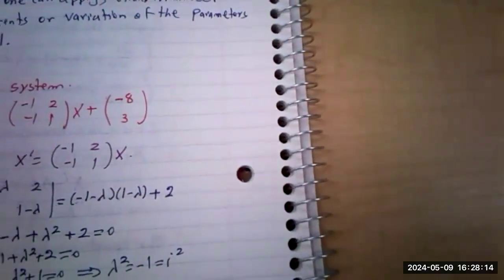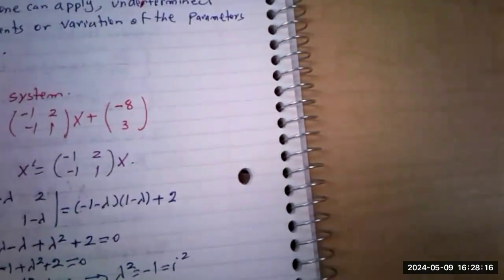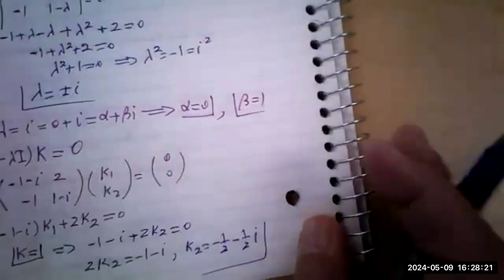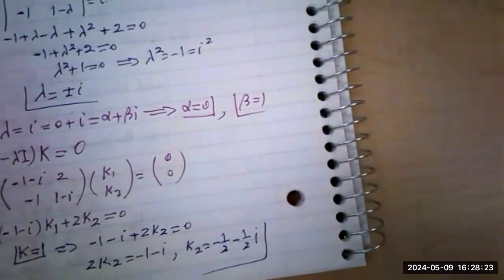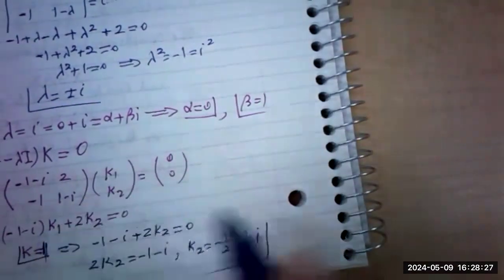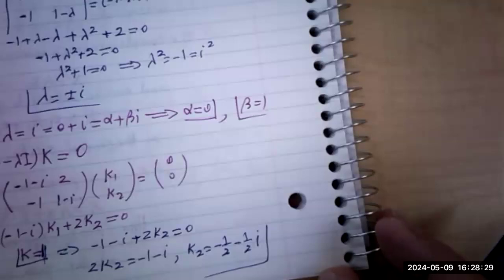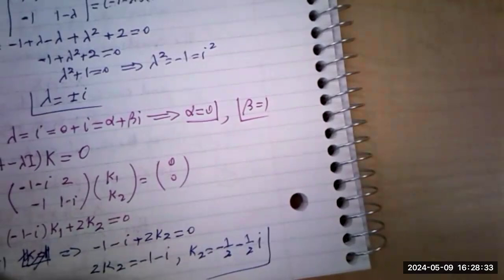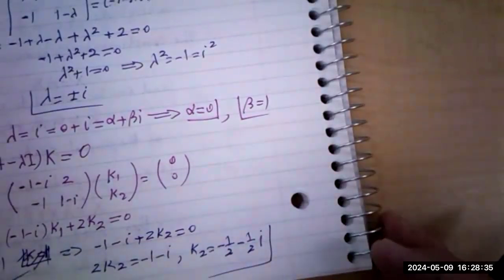The box, lower, at the very bottom corner, under where the K's are. K is equal to 1. Is that K1? Yeah, K1 is equal to 1, and K2 is -½ minus i.